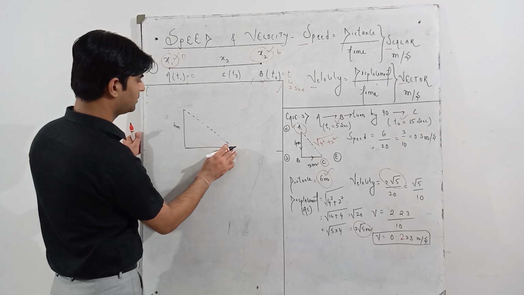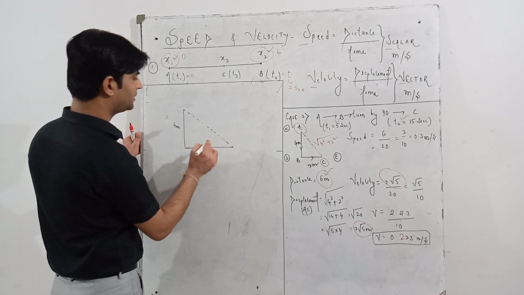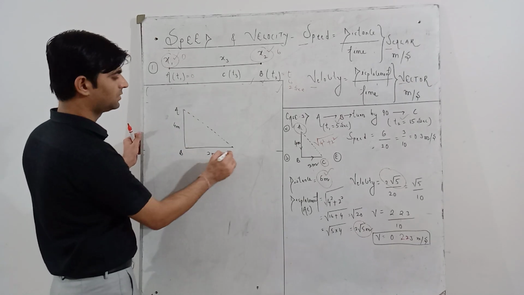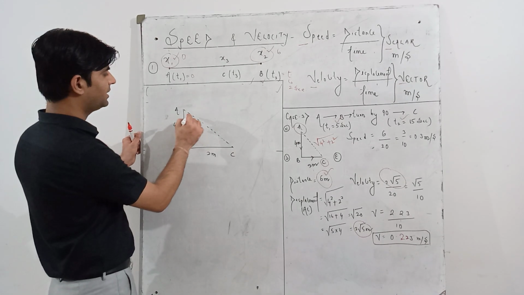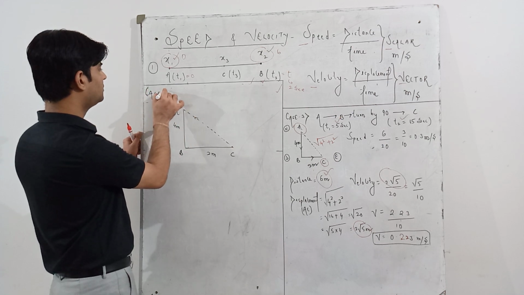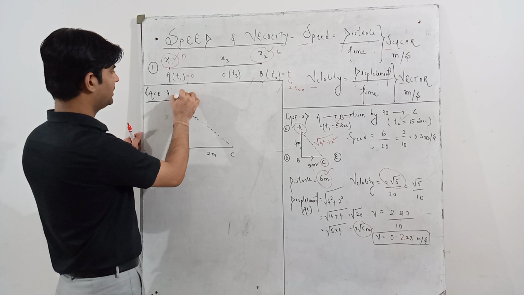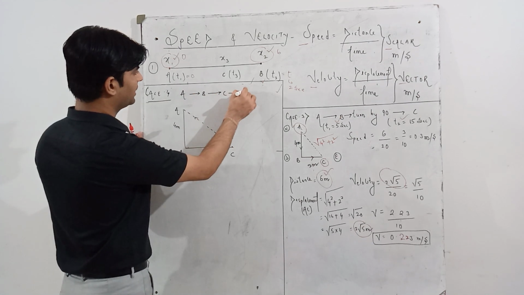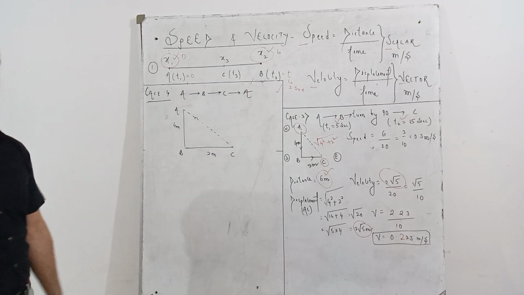Okay, this I have taken 2 meter. Don't be so artistic. Just focus on the magnitudes. And again the body is coming back to point A. This is case number 4, and body is traveling from A to B to C and coming back to A.